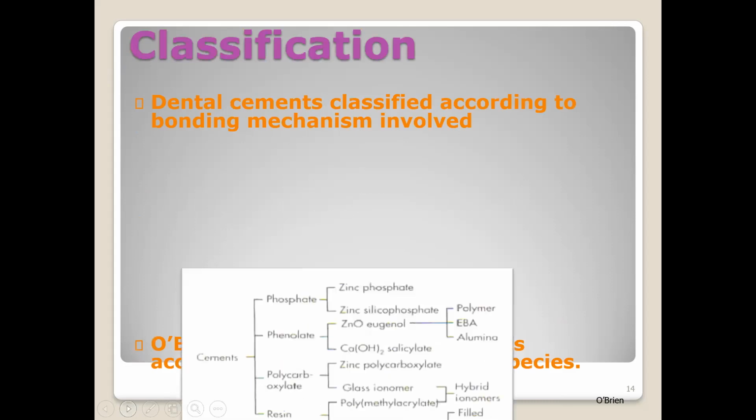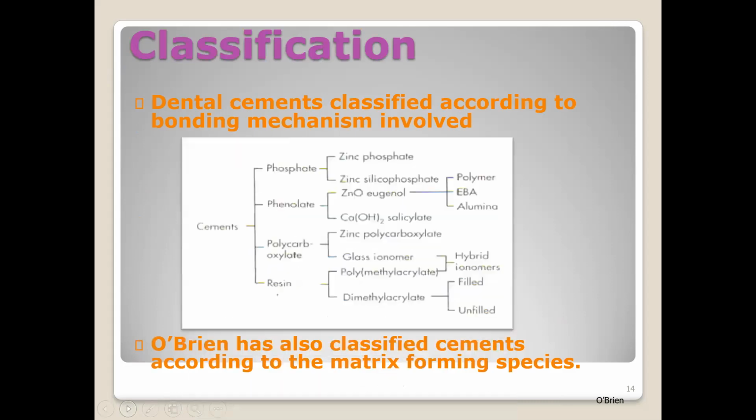Now, classification. Classification can be of different categories depending on usage, composition, and bonding mechanism. Lots of classifications are there. So here we have a basic classification depending on the matrix forming species, or how the cement is going to set.